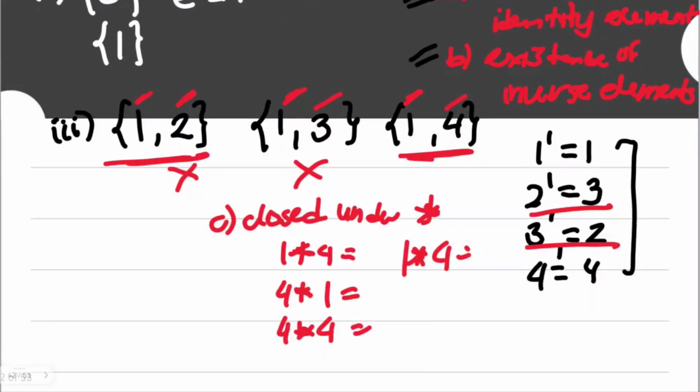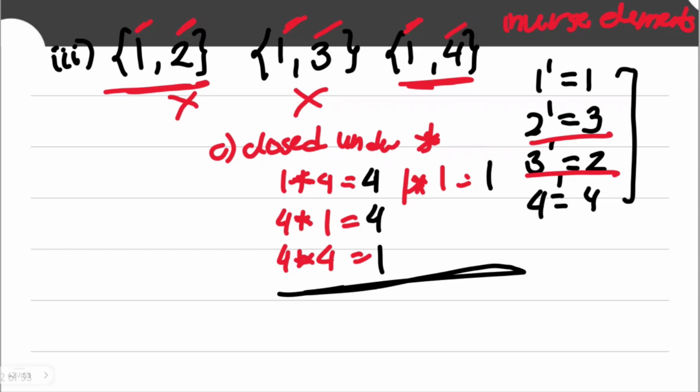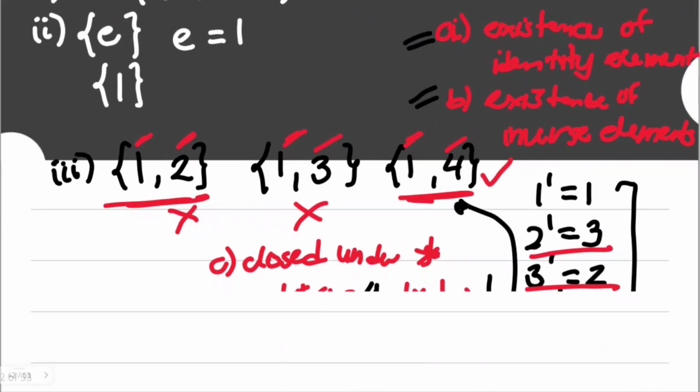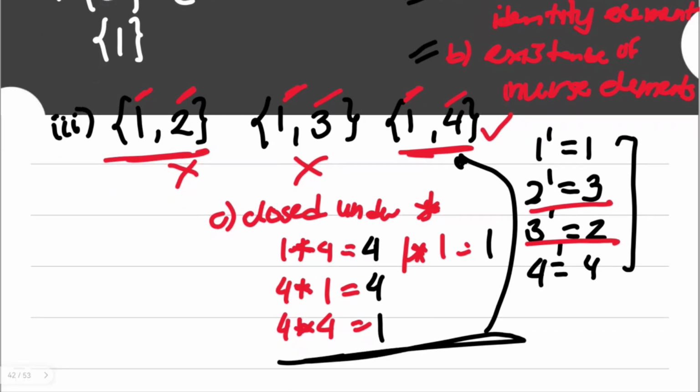So again, 1 star 4 is 4, 4 star 1 is 4, 4 star 4 is 1, and 1 star 1 is 1. So these results are also elements of this set. Therefore, we check that it satisfies the existence of identity, it satisfies the existence of all inverse elements, and it is closed under star. So this is our subgroup with order 2.